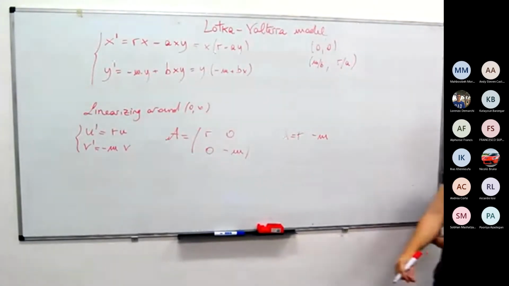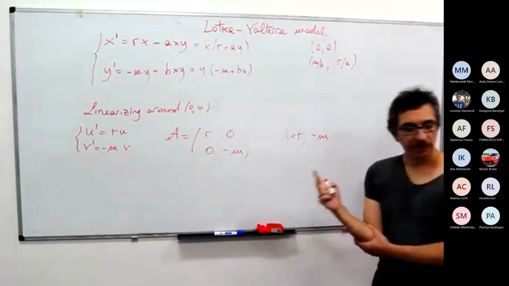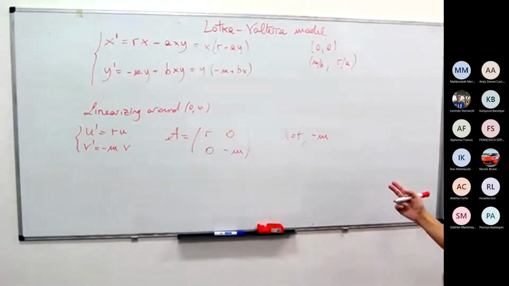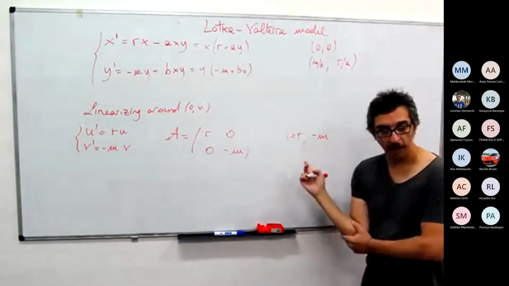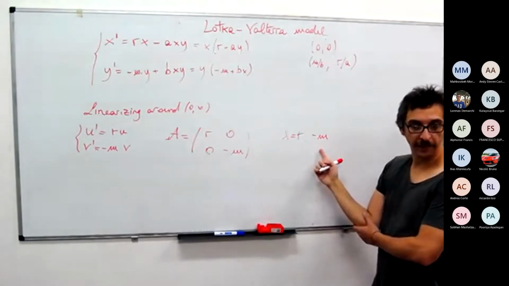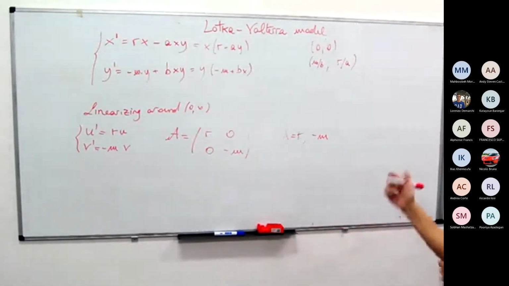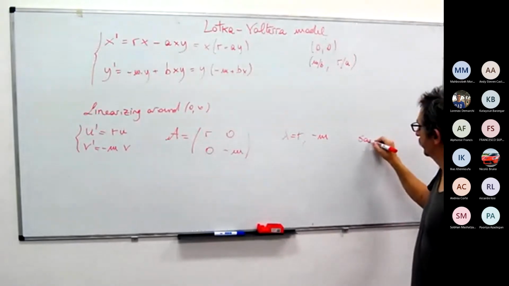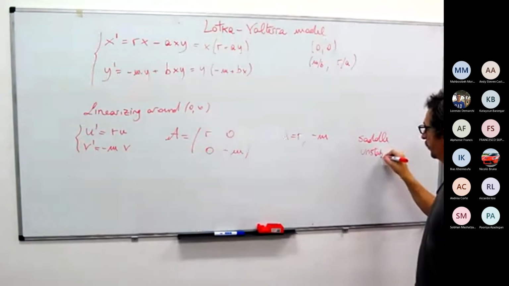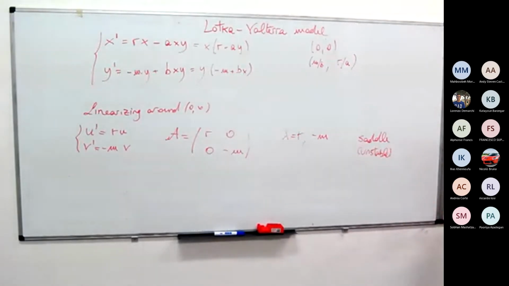So this corresponds to two distinct eigenvalues, which are both real. One is positive and the second one is negative. And we know that this corresponds to a saddle, an unstable equilibrium.